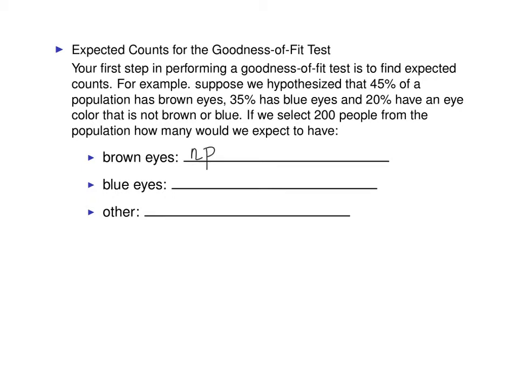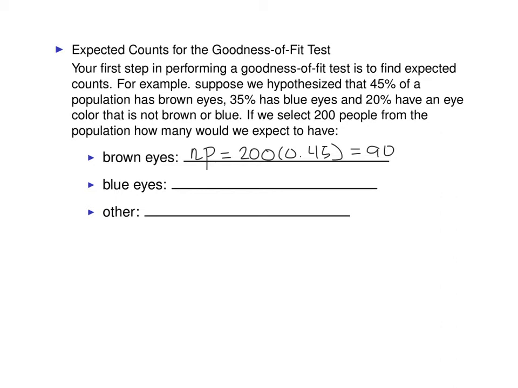The number of people who would have brown eyes, you expect that is np. Remember that formula from a few chapters ago, where n is the sample size, 200, and p is 0.45. That's the expected value. So in this case, that is 90. On average, 90 people in a sample of 200 will have brown eyes.